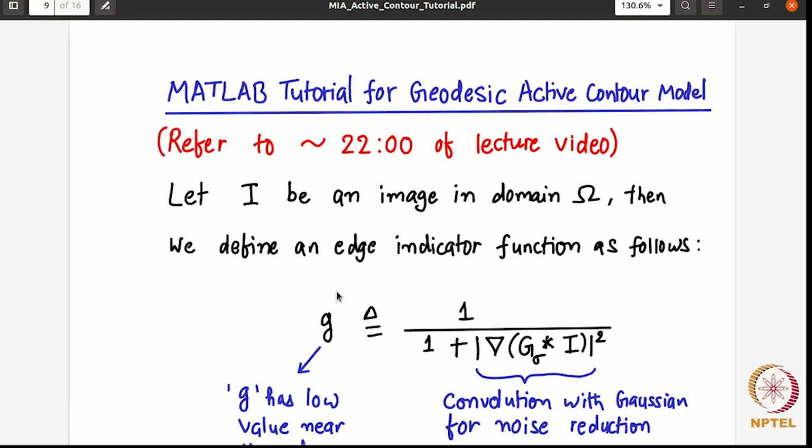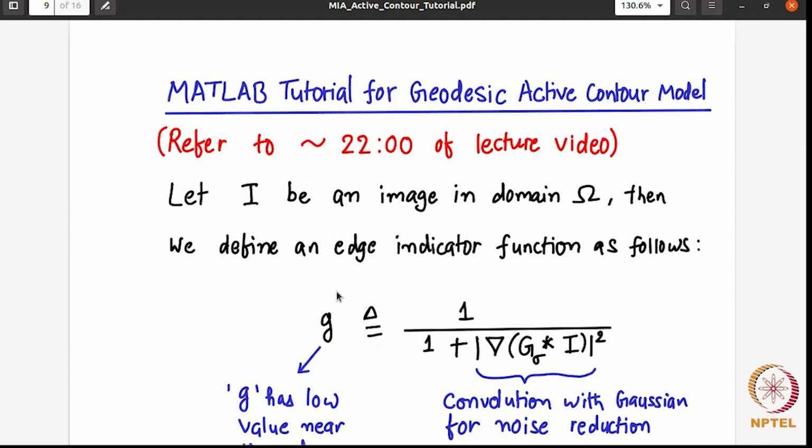In level set formulation, instead of moving the contour points explicitly, we evolve a surface phi. Earlier we were evolving a curve C, but here we want to evolve a surface phi.